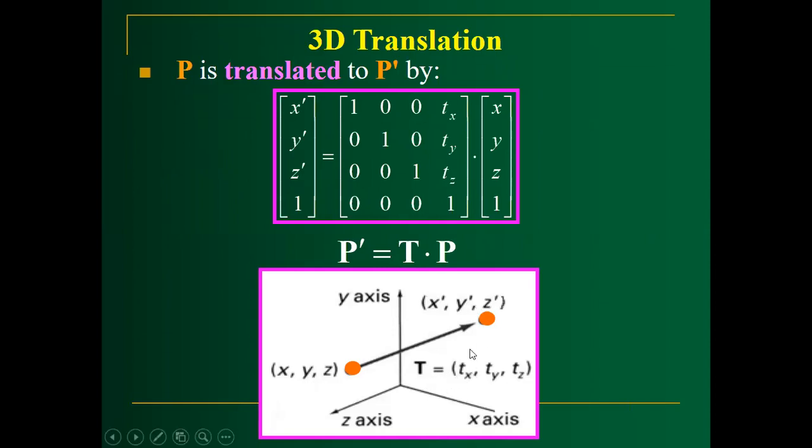In 2D we had x and y, and tx and ty; just add the tz parameter and the z dash parameter. x dash, y dash, z dash means the new, translated coordinates. This is the formula: the translation matrix T times the old point.